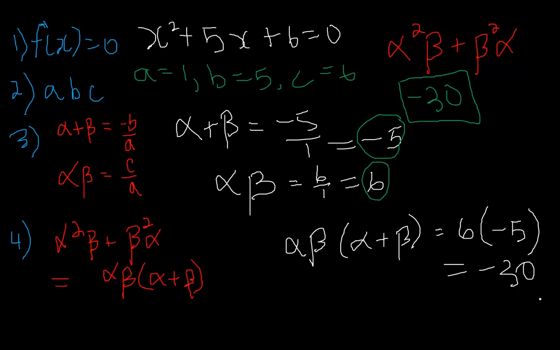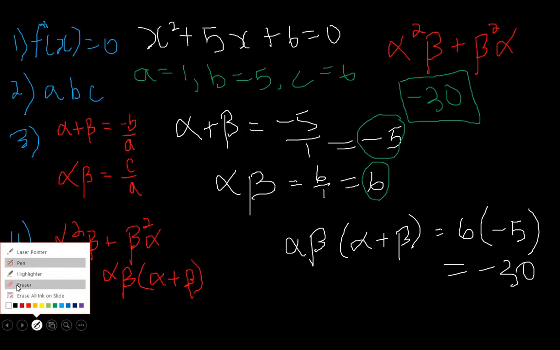Yes, miss. Can you please go over it again? Which part? The whole thing? From alpha plus beta equal to minus 5 on 1. All right. Let me erase.